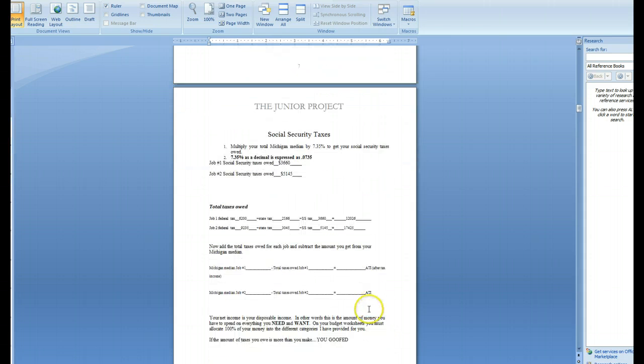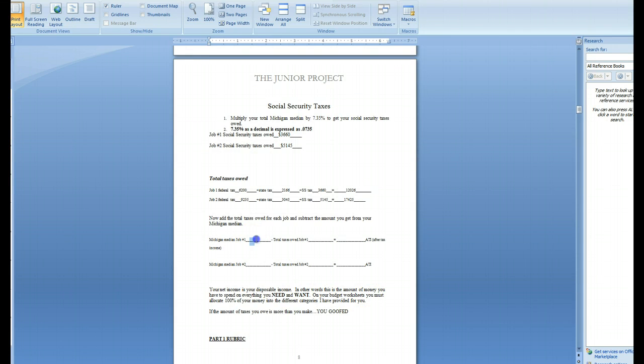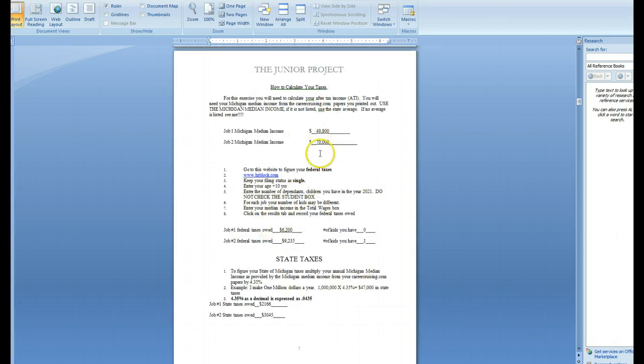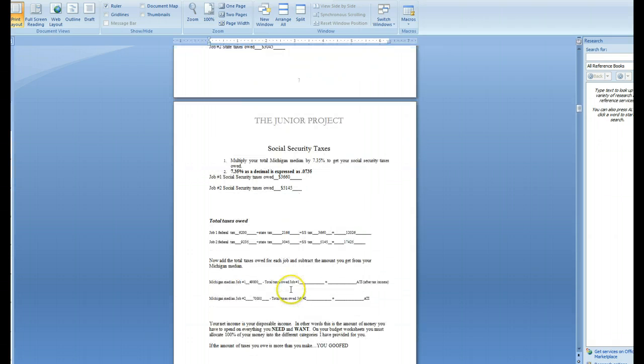All right. So, job 1, my Michigan median income is 49,800. And then for my job 2, it's $70,000. Remember, that's that number from up here. Okay, so we're just bringing it down here, and then we're taking what was our total taxes that we paid. 12,026, 17,425.